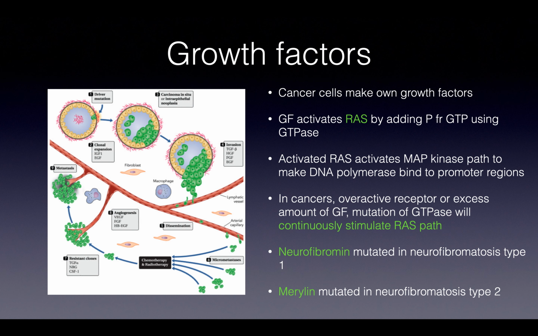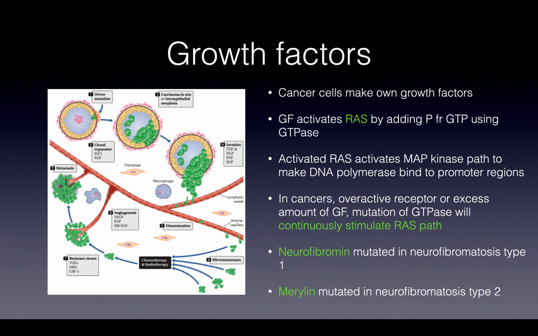And these activated RAS proteins are going to make the DNA polymerases bind to the promoter regions, and in cancers, there's either an excess amount of growth factors or there's going to be mutation of GTPase, which will continuously stimulate the RAS pathway.